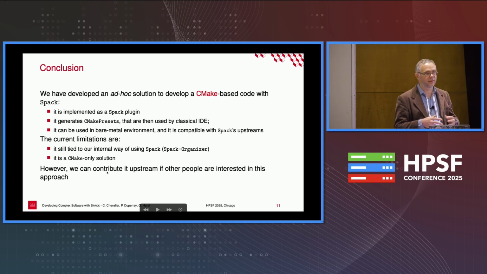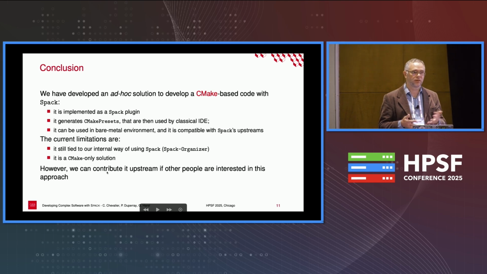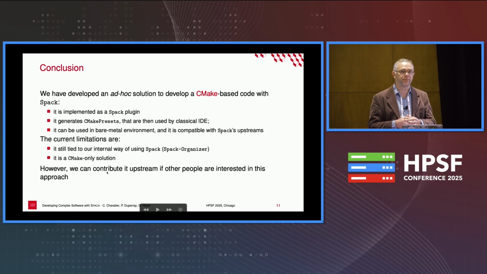A fully native CMake solution was better in this respect, because most of our users don't really know what's happening if they follow the last workflow. They just load the project, and the IDE will load CMake, and CMake will see the preset. So there is no configuration on their side.